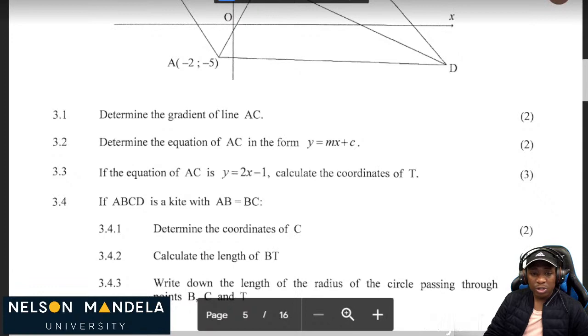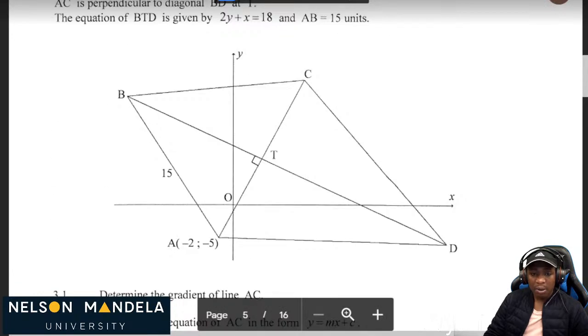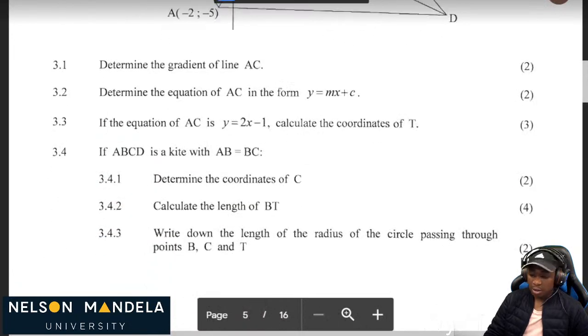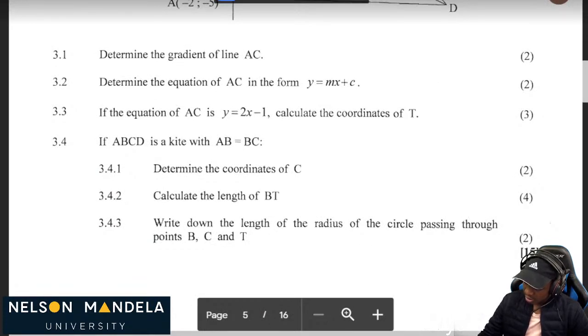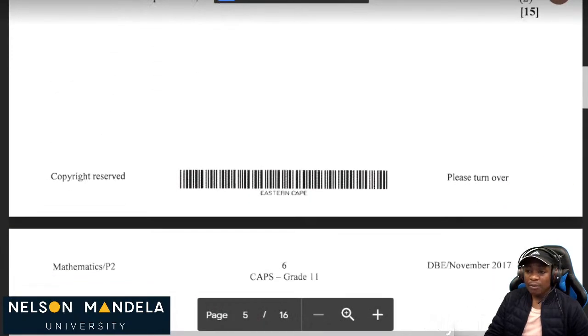Since we were told that AB is 15, our BC is also equivalent to 15. Let me just write it here so that you don't get confused. AB equals BC equals 15. So bear this in mind. Now we can determine our radius, and we get 7.5 units. So our radius for that question is 7.5 units.